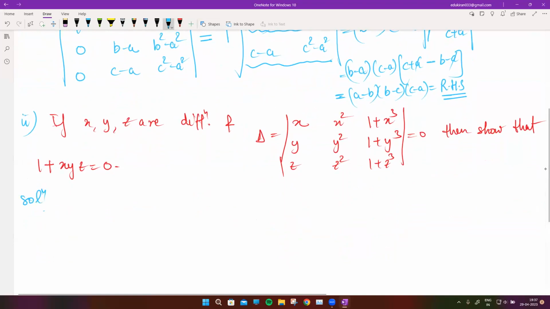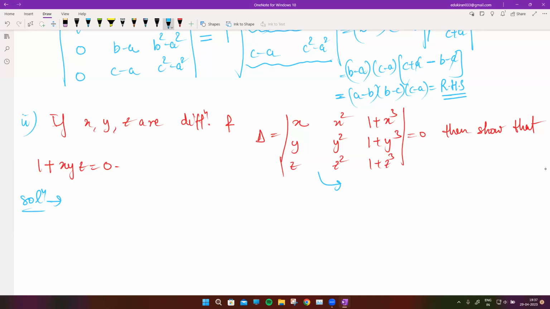So basically, first of all, understand, you will have to find the value of this determinant. How? Not by expansion. No, no, no, no, no. You have to apply the properties of determinants only. And by using properties of determinants, first of all, reduce this determinant and put that expression equal to 0, because it is already given that the value of this determinant is 0.